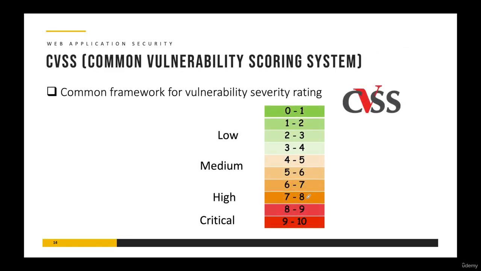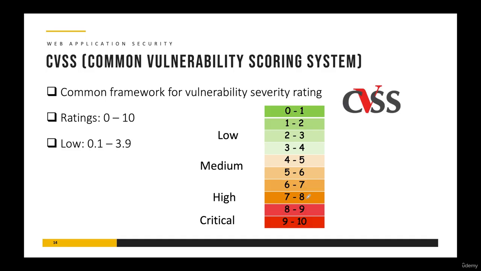We use CVSS, the Common Vulnerability Scoring System, in order to score or rank vulnerabilities. This is a common framework for vulnerability severity rating, which assigns scores from 0 to 10.